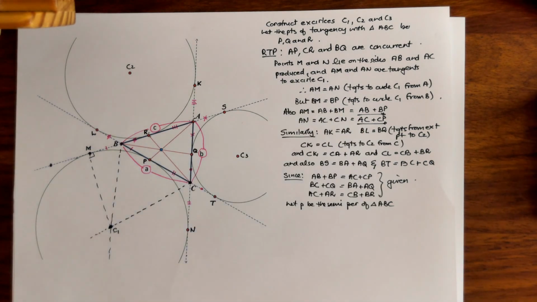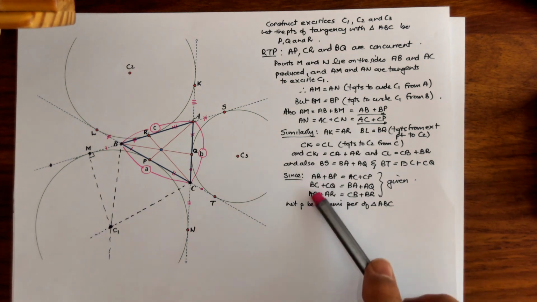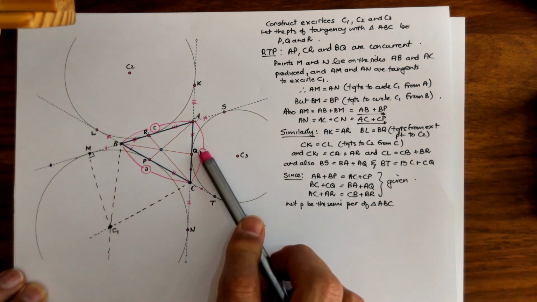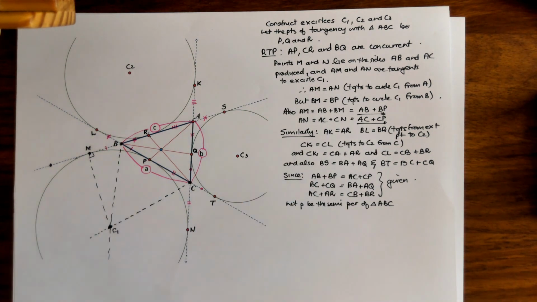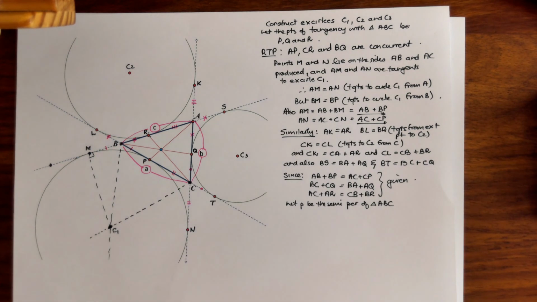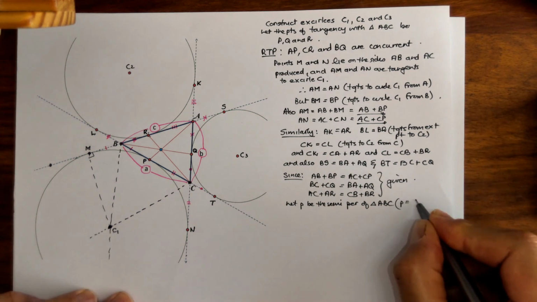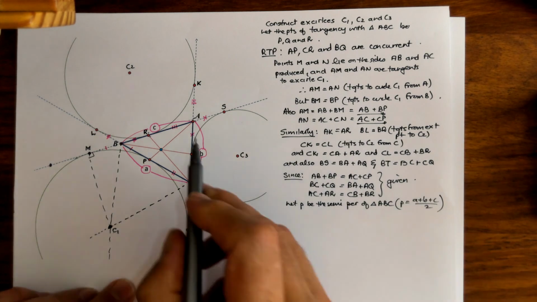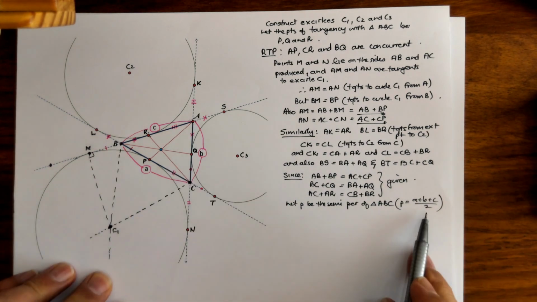Okay, so wherever we see those happening in here, we're going to change it to these letters, and then obviously the semi-perimeter. So what does it mean? It means that P is equal to A plus B plus C divided by 2. The three sides halved.